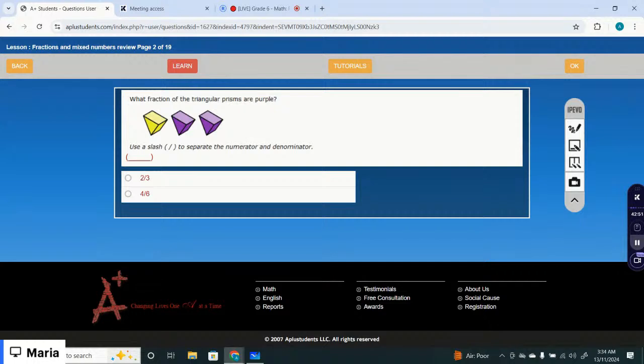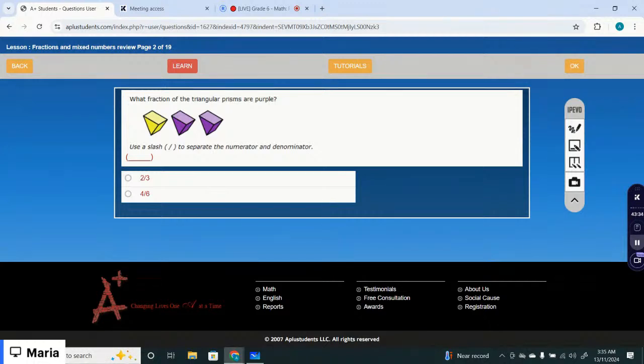What fraction of the triangular prisms are purple? The correct option is 2 by 3.